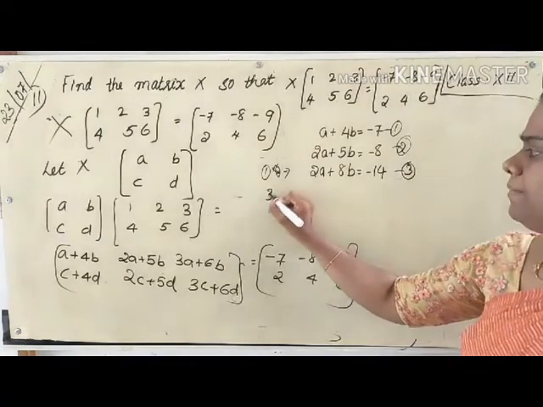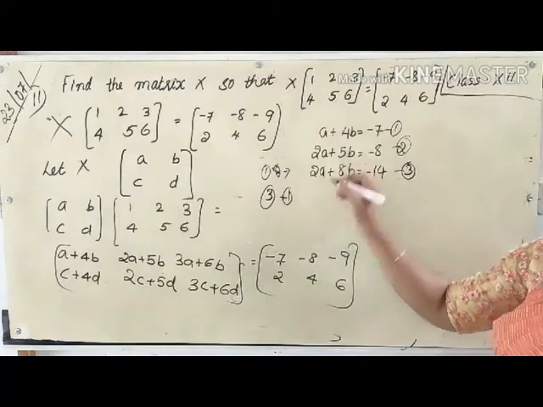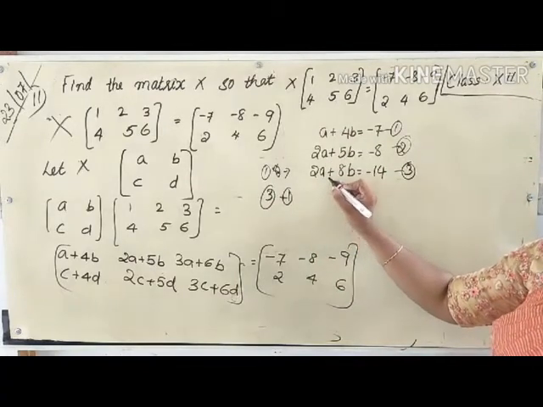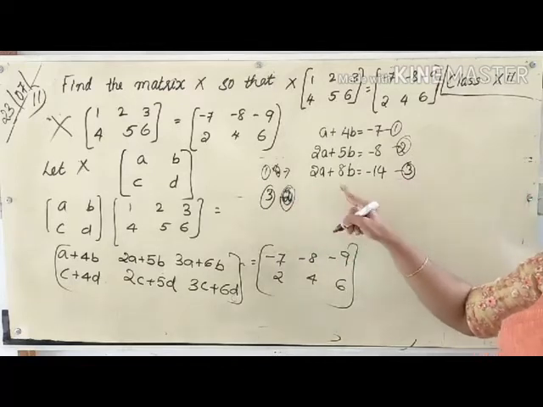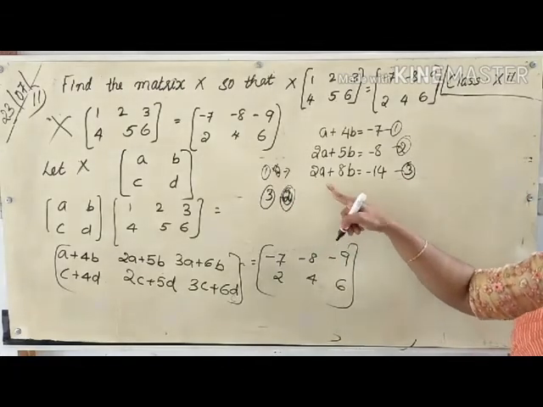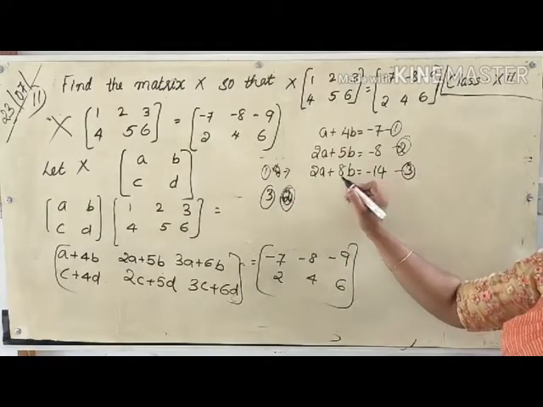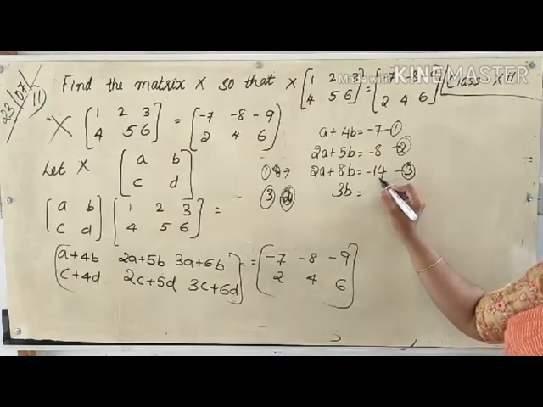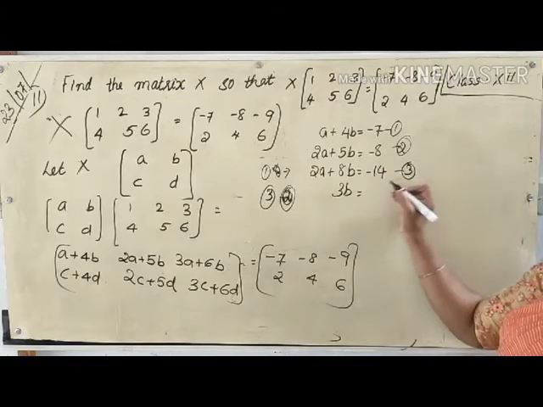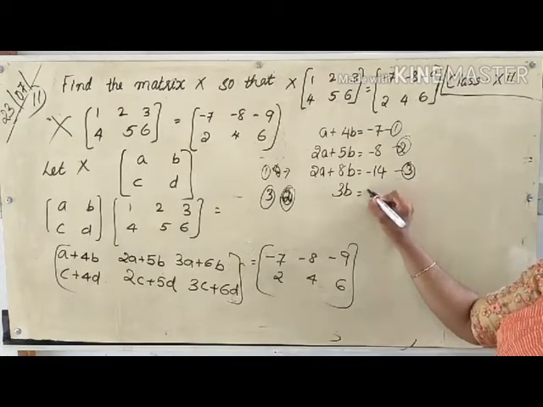Then 3 minus 2. On subtracting what we get? 2A minus 2A, 0. 8B minus 5B, 3B is equal to minus 14 minus of minus 8, that is minus 6.